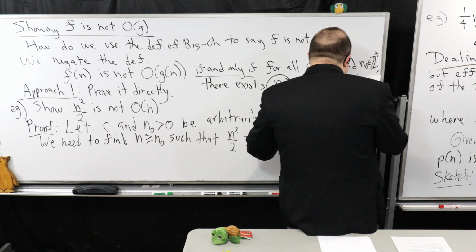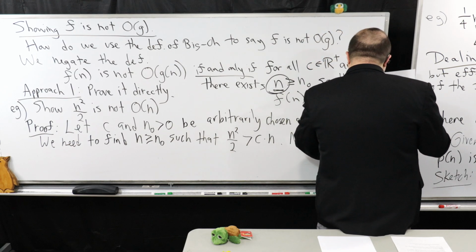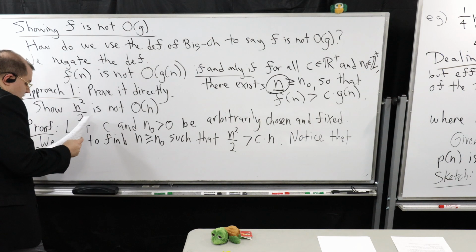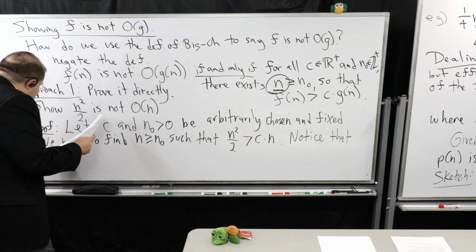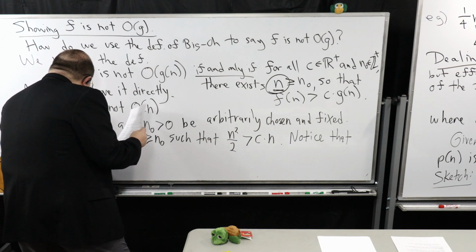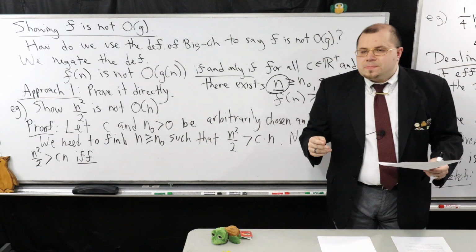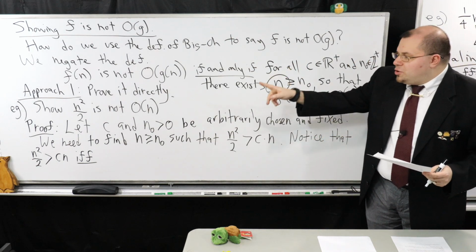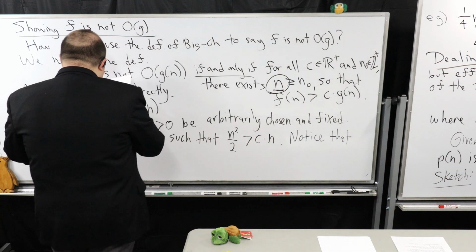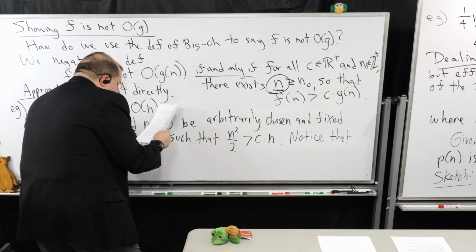So here's the idea. Here's one way you could do this. So notice that n squared over 2 is greater than c times n, if and only if, it's okay if I abbreviate if and only if with IFF. So all I'm saying is you could rewrite that inequality in the following way. n over 2 is greater than c.